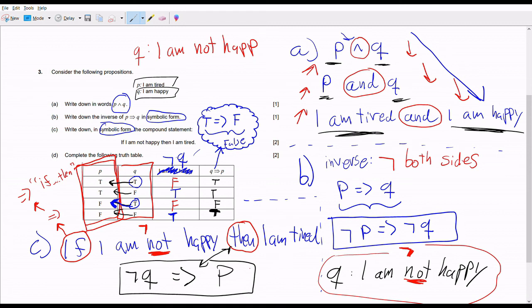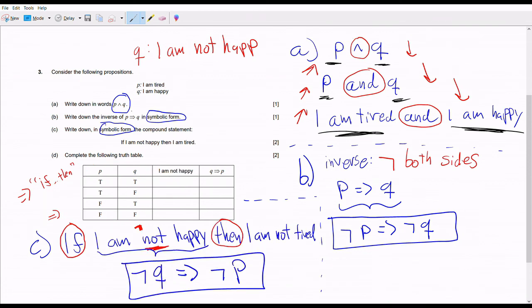Then the answer would actually be like this. So that's just a heads up. The not should ring a bell, and you should think of the not symbol, but it's not always the case that you need to add the not symbol in front of it. In this example it was the case, but just watch out for that. So the answer for part C is this square right here.